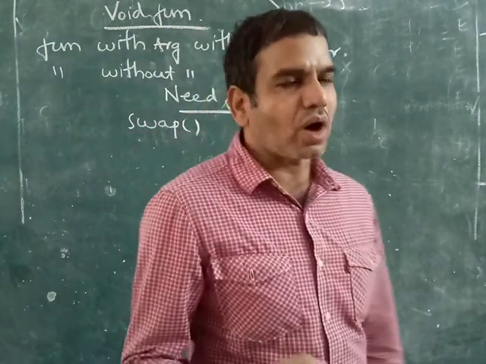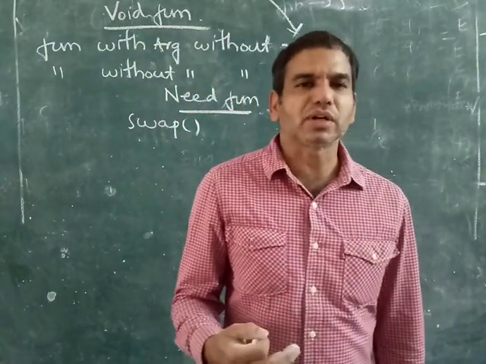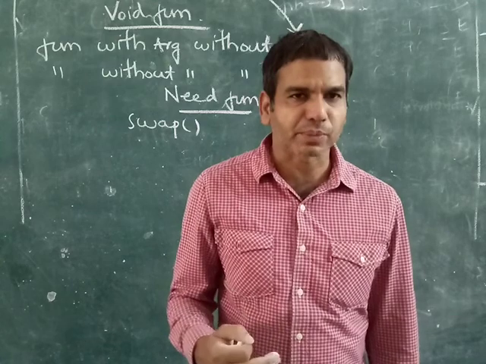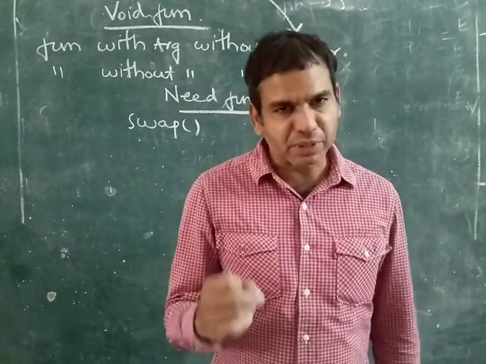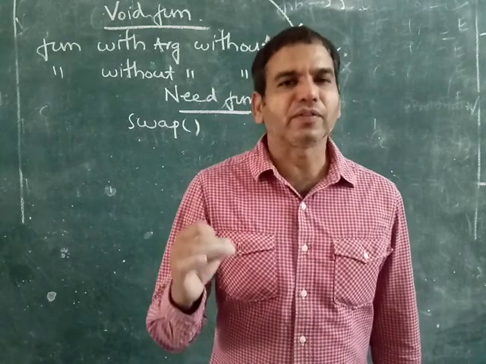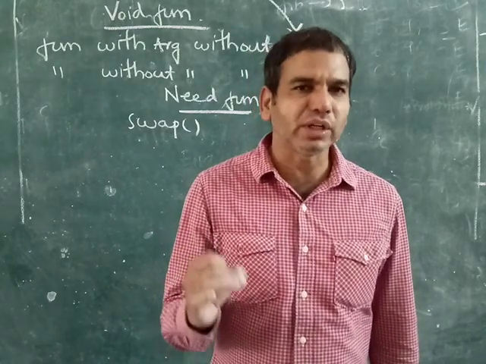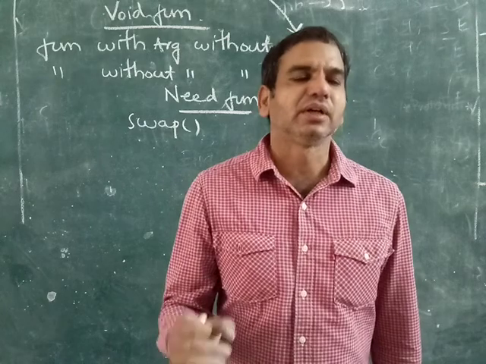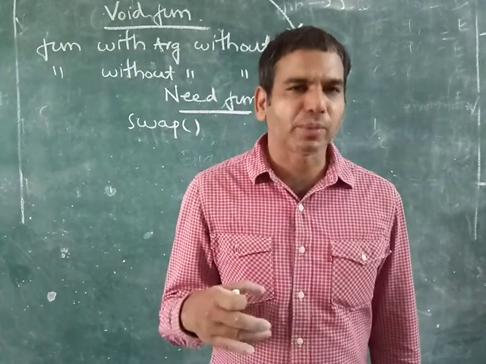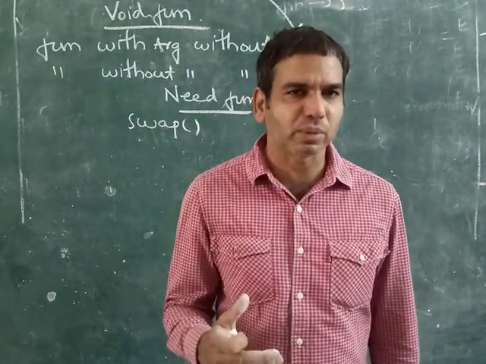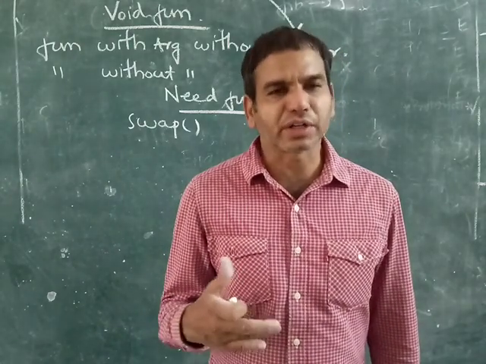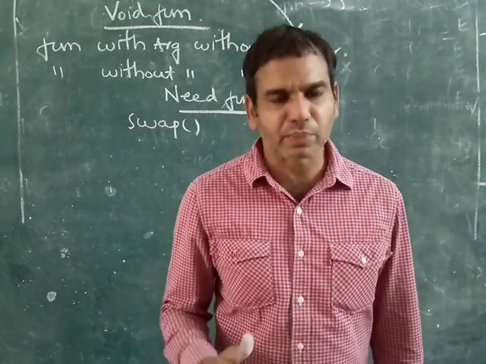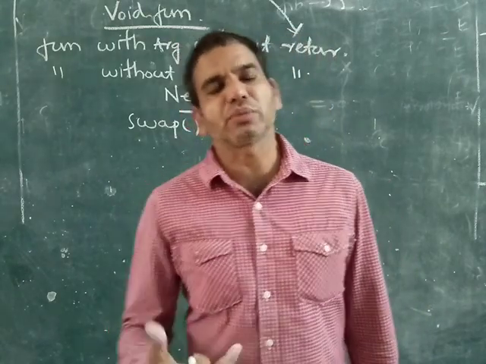Commonly we can't return two values from subprogram to main program because by default a function returns only one value, that should be an integer. In situations like Fibonacci series and swapping of two numbers, where the result is more than one value, we can't return more than one value from subprogram to main program without using the pointer concept.